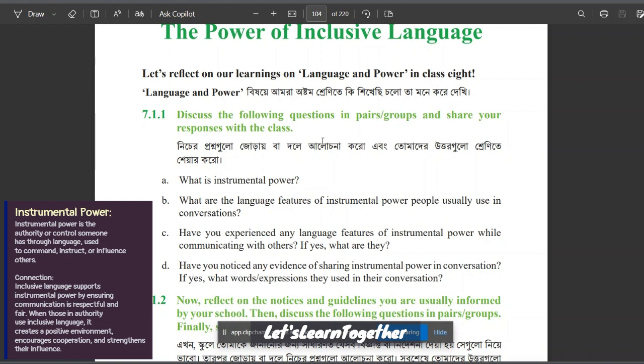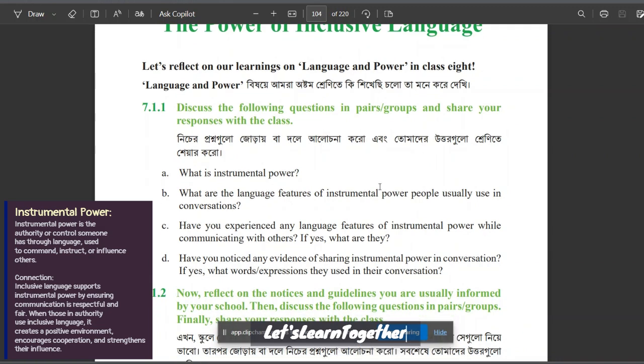That means, when it comes to instrumental power, if we focus on keeping our words, phrases, or any sentences to give commands to people inclusive, then we can ensure that people are going to feel valued and loved, and in return, we will see that they have become more productive, and they are cooperating more.